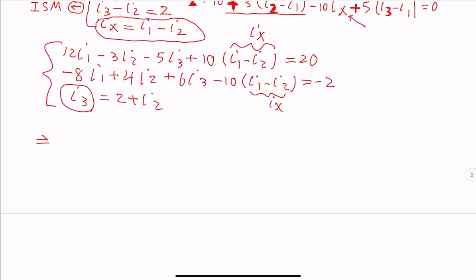And that gives us 22i1 minus 13i2 minus 5i2 plus 2 equal to 20.